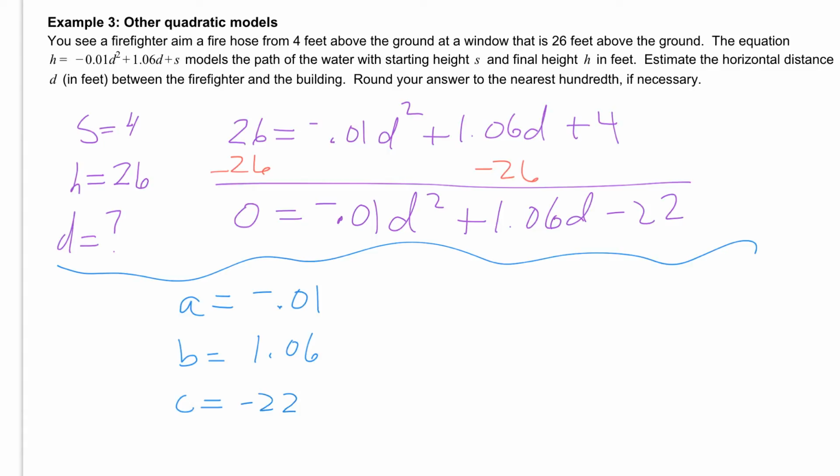Then we want to find the discriminant. Remember, the discriminant is b squared minus 4 times a times c. So b squared, we have 1.06 squared minus 4 times a times c.